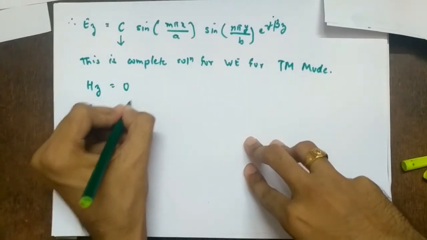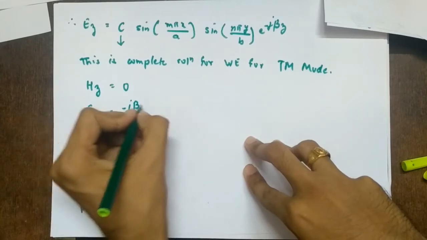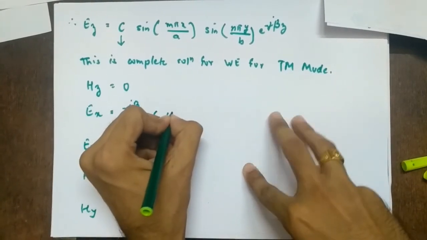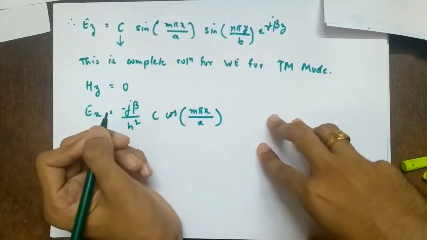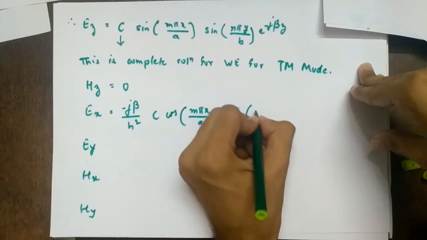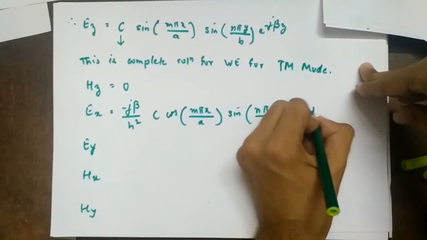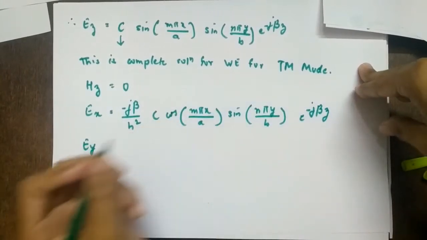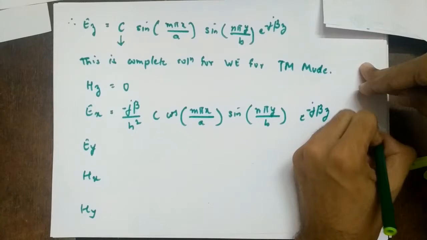So Ex is minus j beta by h square into C cos of m pi x by a sine of n pi y by b e raised to minus j beta z. So this is equation number, let's restart with one.